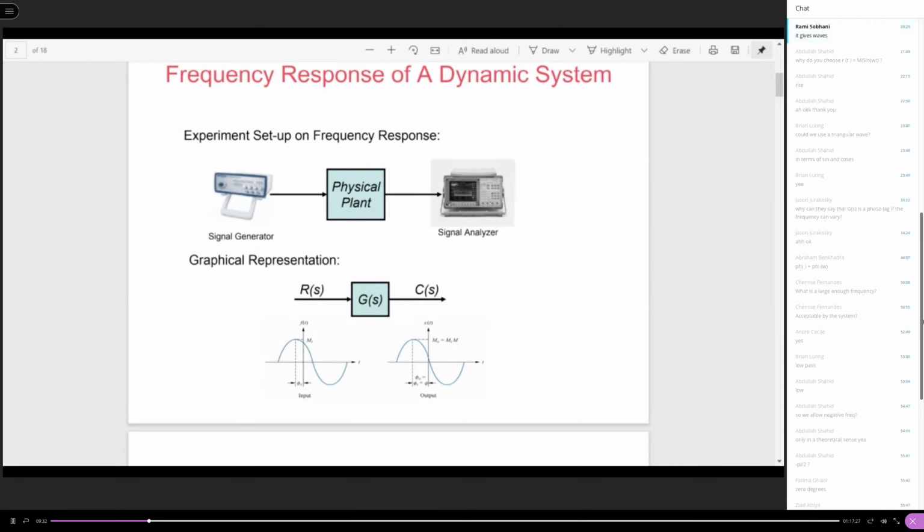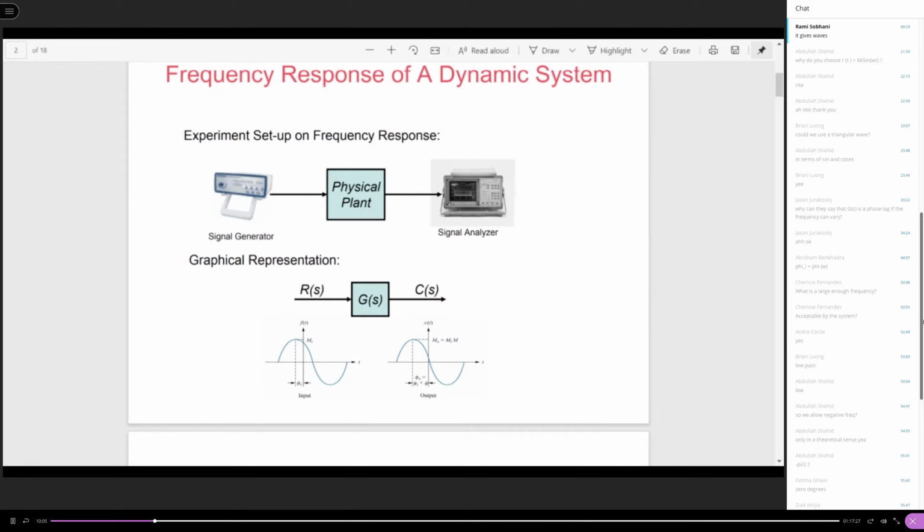You can see the lower part here shows a sine wave. If you use this signal to excite the system, of course the system will respond to that, and you can use a signal analyzer to get the response to that specific frequency signal. So this is the experiment setup to get the frequency response.